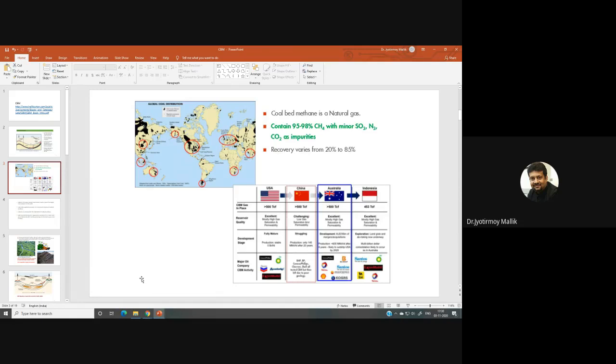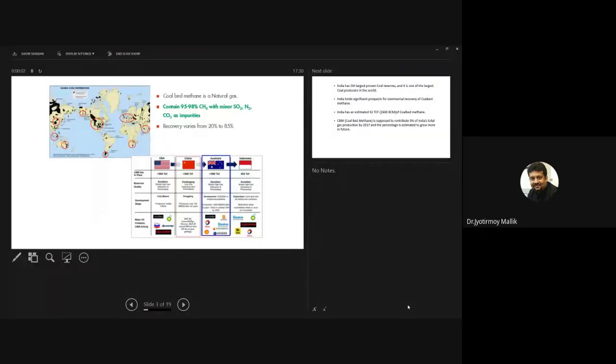Okay, the other important point here, which I have not emphasized enough, I guess, is the impurities. It's like 95 to 98% CH4. The impurities that are present, like sulfur dioxide, nitrogen, carbon dioxide, are in absolutely minimum amounts. So the environmental footprint that coal bed methane leaves is significantly less than any other type of fossil fuel.